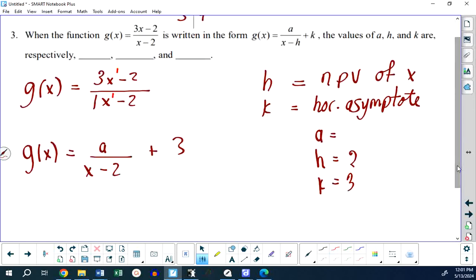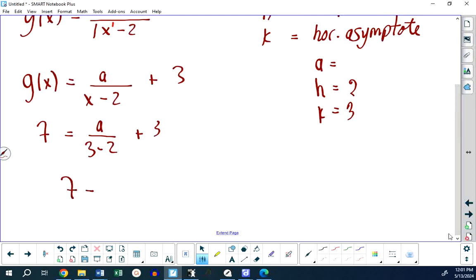The nice thing is that wise, crafty choice of choosing x equals 3 pays off again. Because now we're still over 1, so you're left with 7 equals a plus 3, which means a is equal to 4.